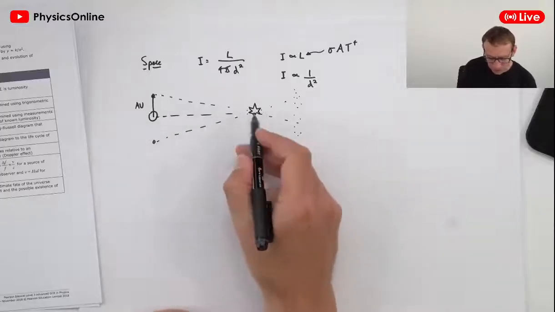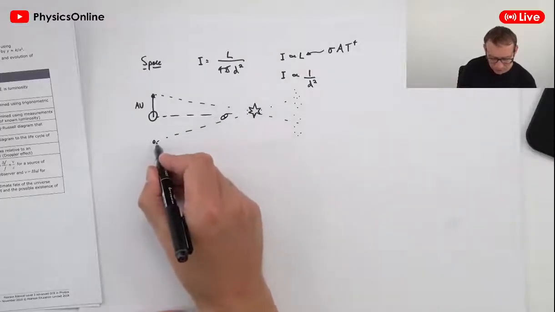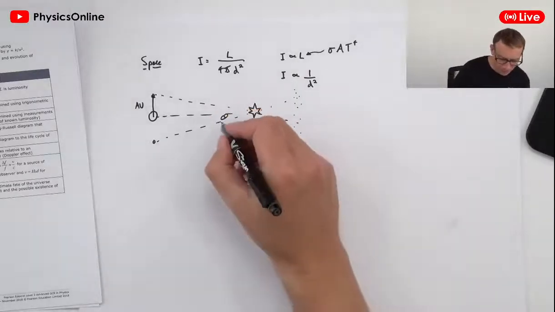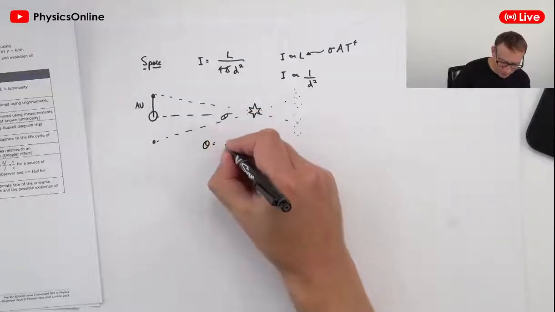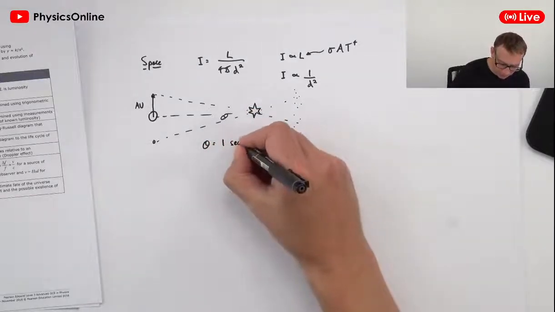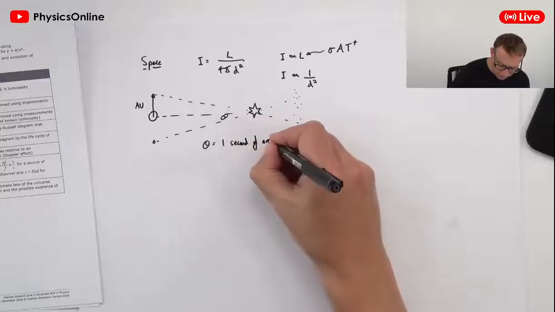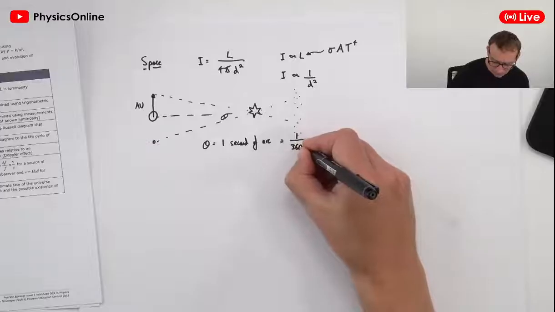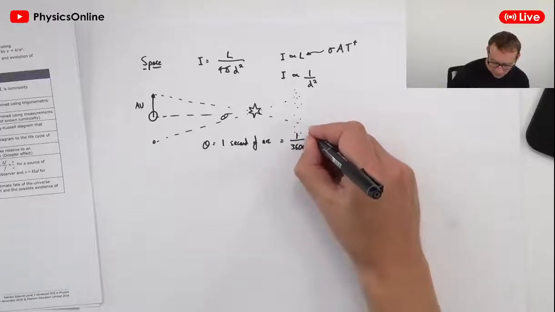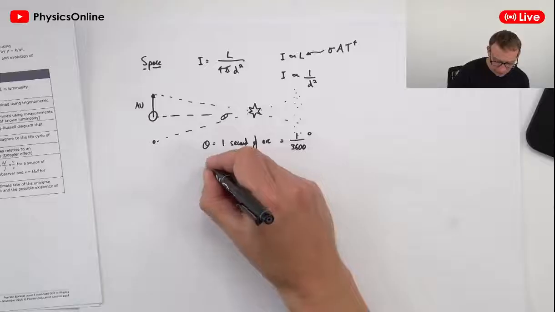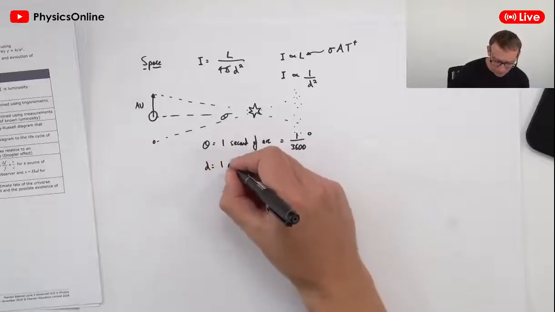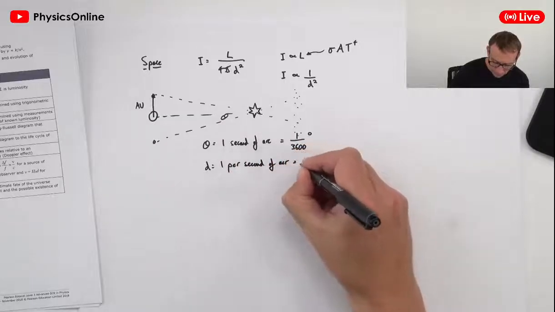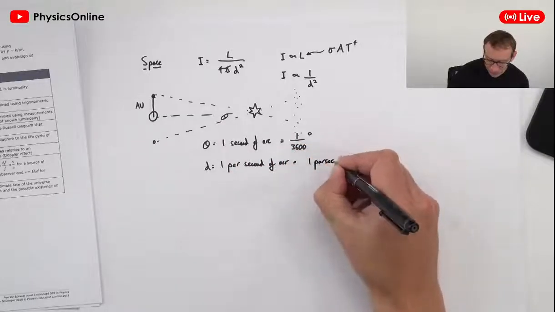Effectively you want to know this angle here, theta. When theta is equal to 1 second of arc, which is equal to 1 over 3,600 degrees, then the distance d is equal to 1 parsec.